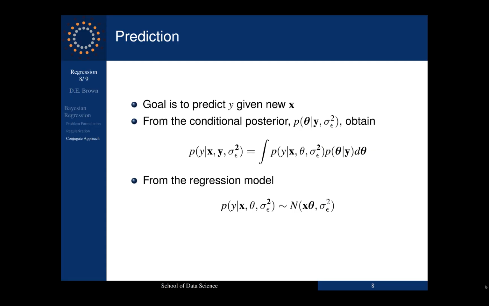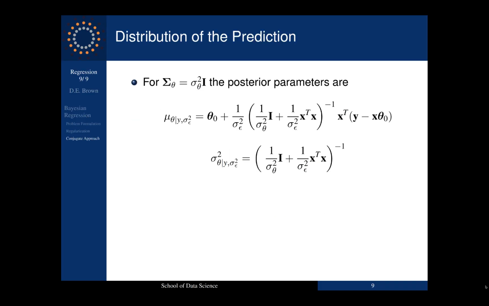And from the regression model, we can derive the first term, of course, as a Gaussian. The first distribution is a Gaussian, just given by the regression parameters. So the distribution for the prediction is easily found, and to make things a little bit easier notation-wise, let's say that the prior distribution has a variance-covariance matrix that's diagonal. So that gives us the posterior parameters that are shown.